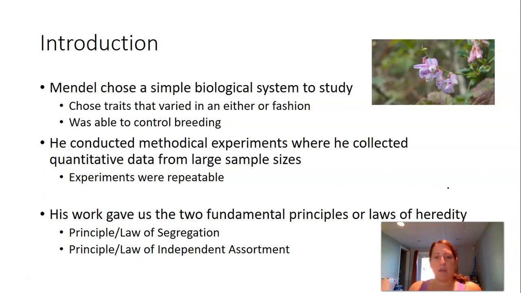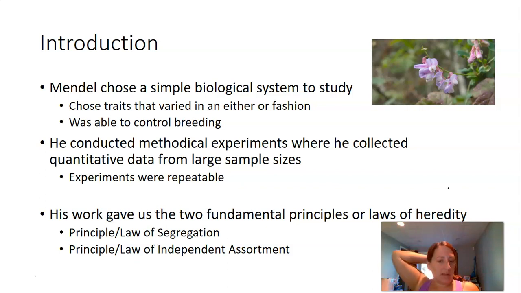He used the scientific method. He conducted experiments that were well thought out and well planned. He collected quantitative data, right? So numbers, to analyze from really large sample sizes. And he repeated his experiments over and over and over again. So they were repeatable, which is what we want in the sciences.